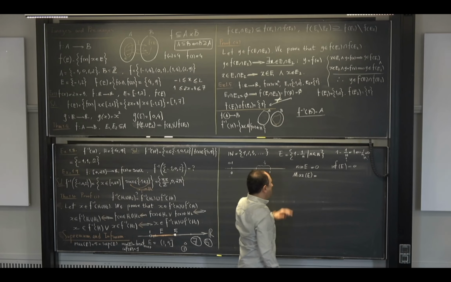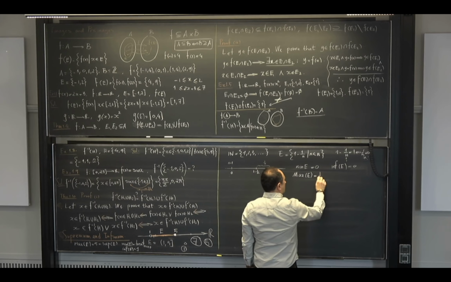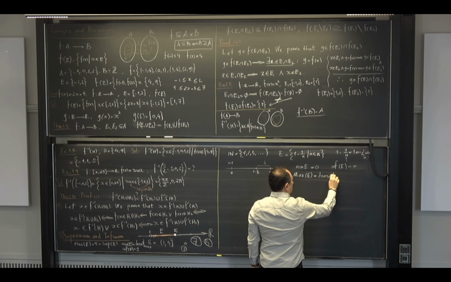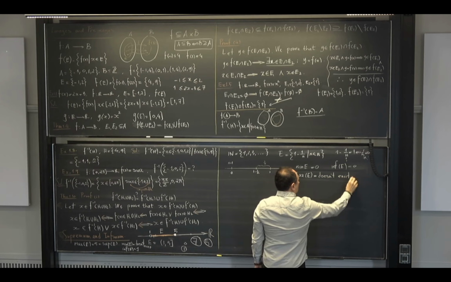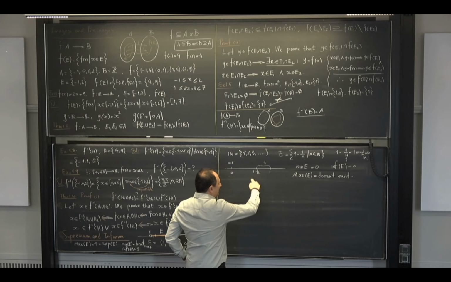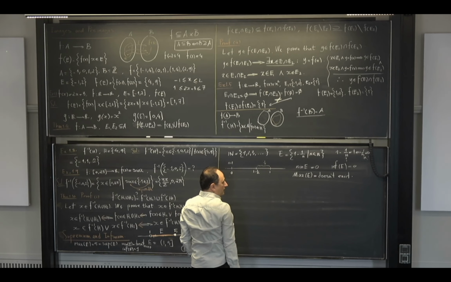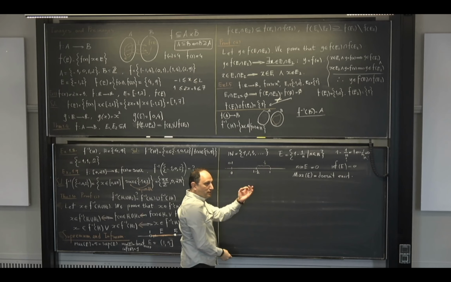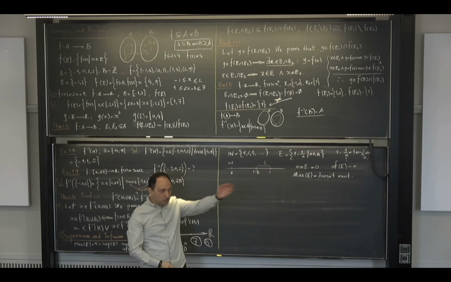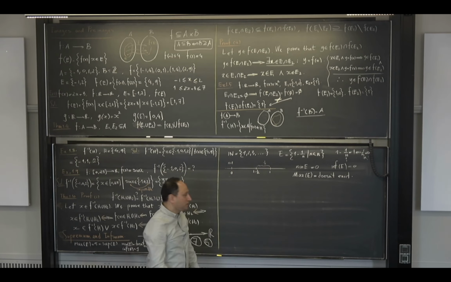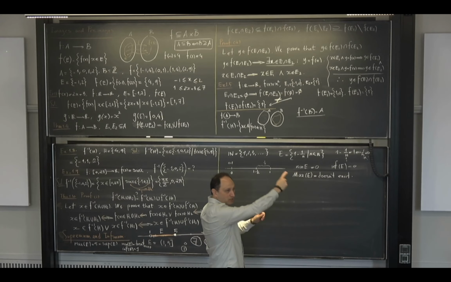So this means maximum does not exist, because I can get closer and closer to 1, so there is no single number in my set which is the largest one. Whatever you tell me within the set, I can find something more.